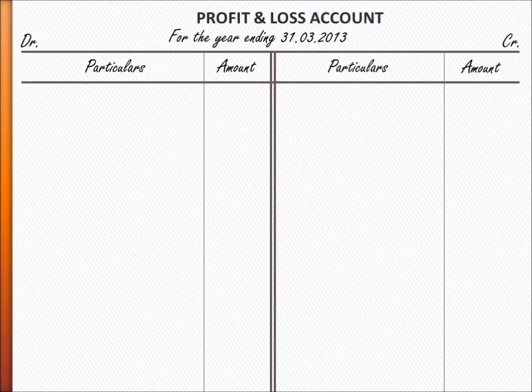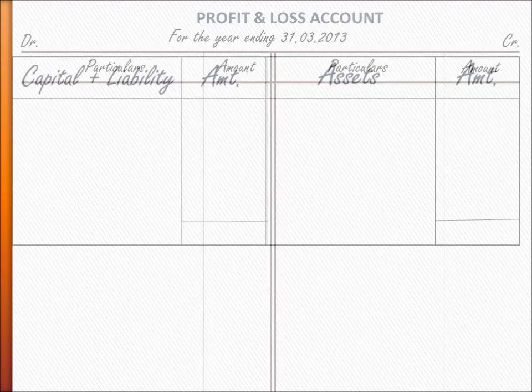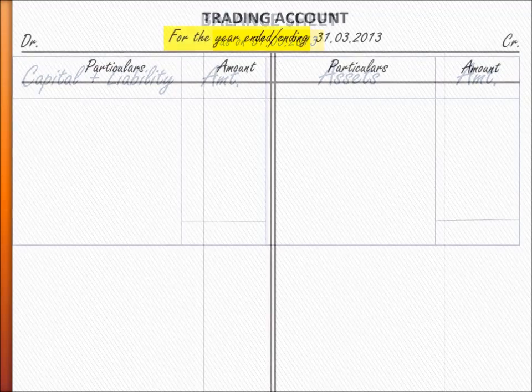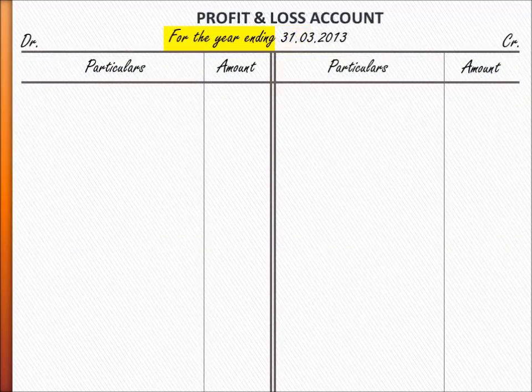But when we make the balance sheet, we always write down balance sheet as on 31st March 2013, because balance sheet is the position on a particular day. But trading account and profit and loss account, they include the transactions of the year.